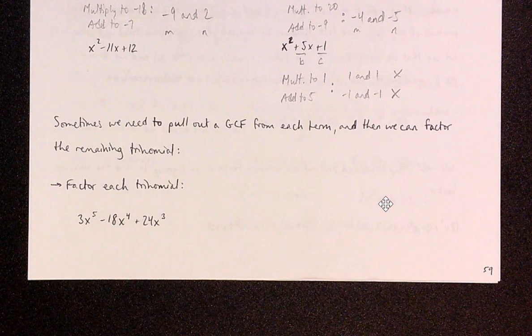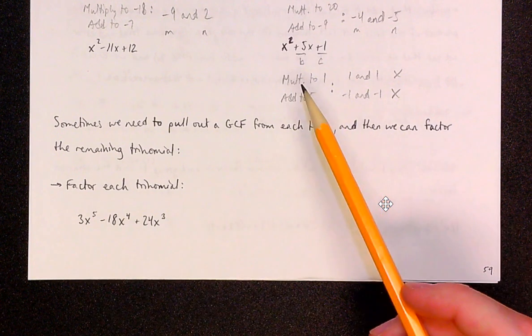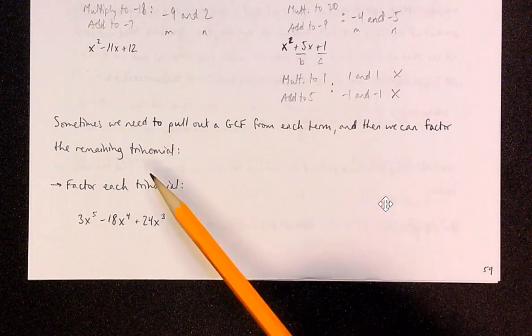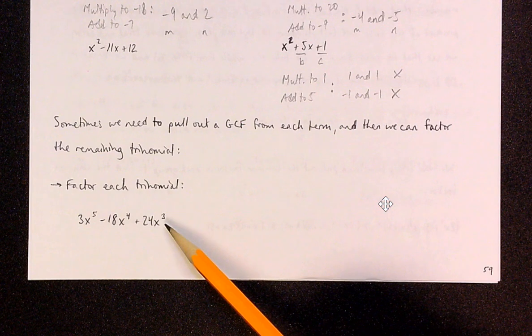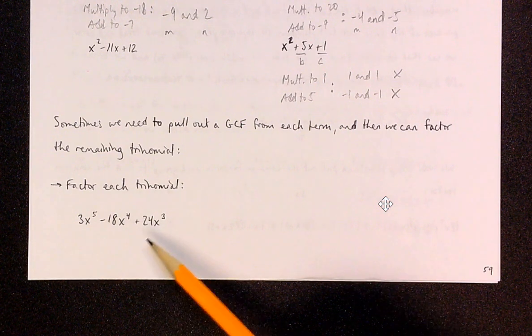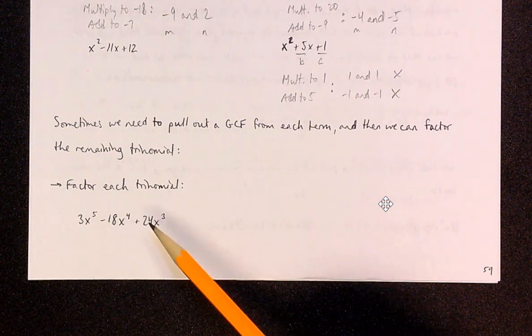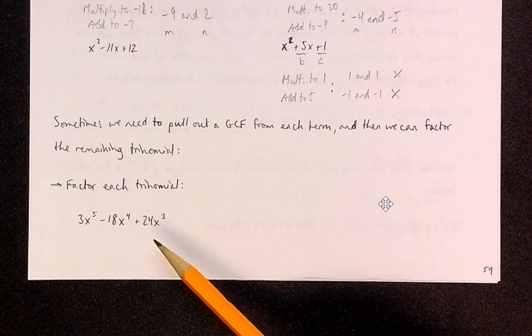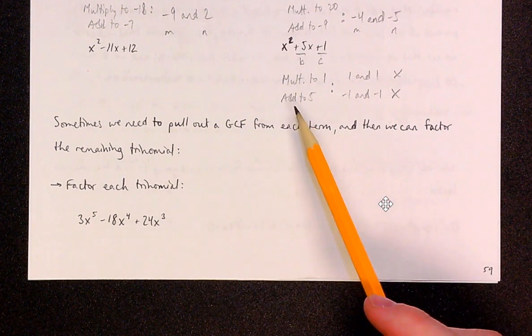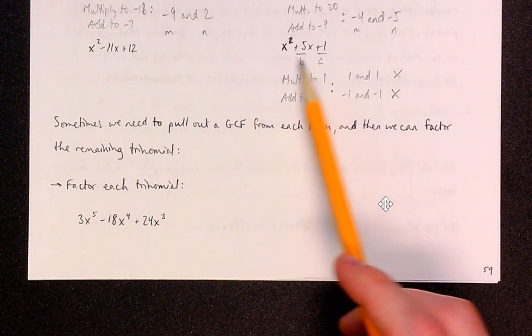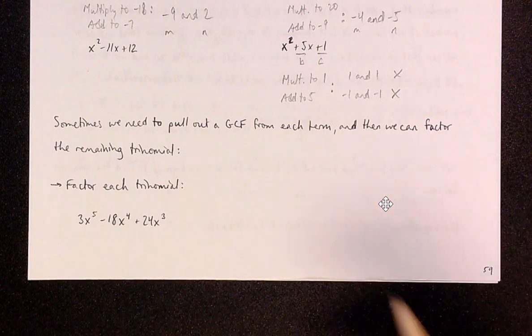So for example here, 3x to the fifth minus 18 times x to the fourth plus 24x cubed. We did the factoring here with x squared, x, and then a constant. Here we have some larger powers of x, but perhaps we can pull out the greatest common factor and then have what's left over look something like that. So let's see what happens.